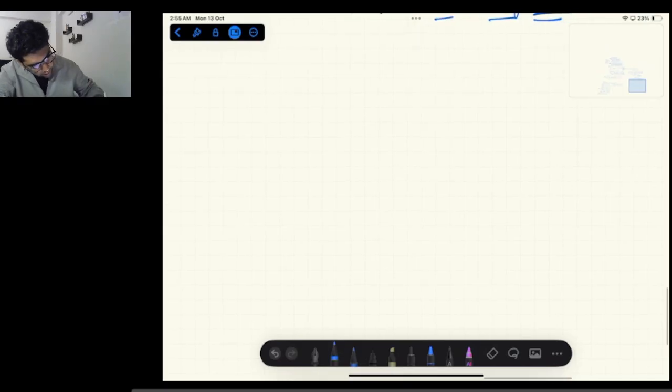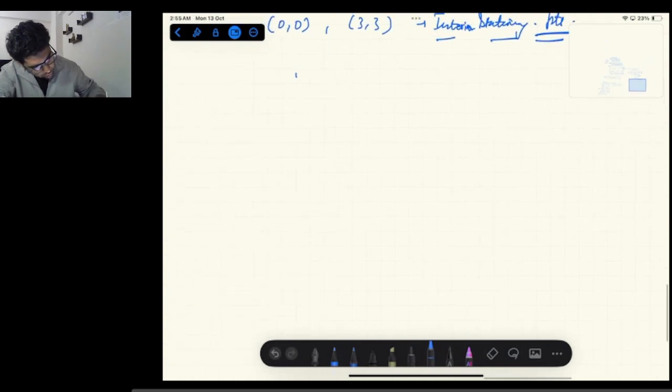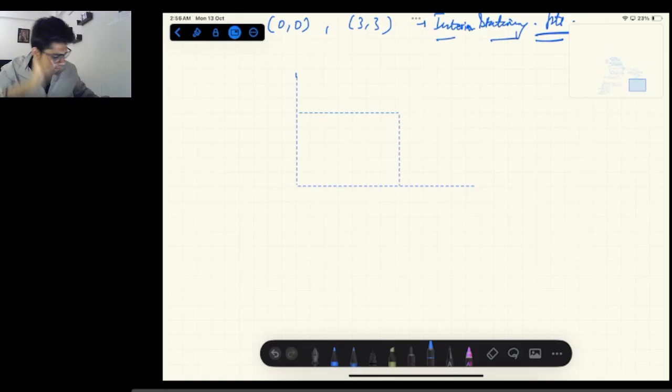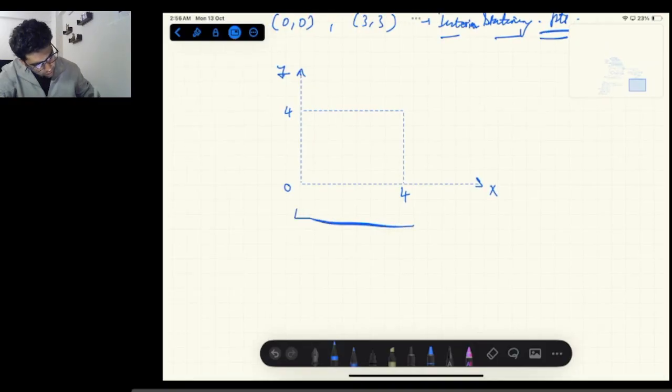This means that if I just draw a graph, this is the y-axis, this is the x-axis. This is the 0, so my x lies between 0 and 4 and my y lies between 0 and 4, right?